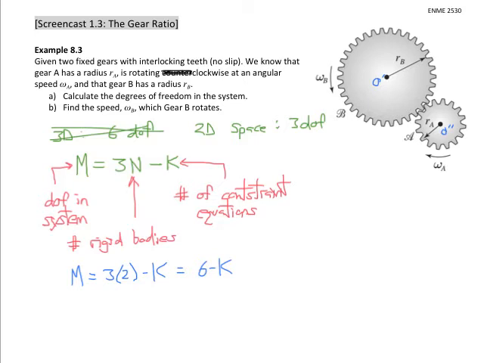Those equations are: the velocity of O prime as observed in the inertial reference frame, this is a vector equation, is equal to 0. And the velocity of O double prime, as observed in the inertial reference frame, is also equal to 0. From these constraints alone, this gives us 4 constraint equations.